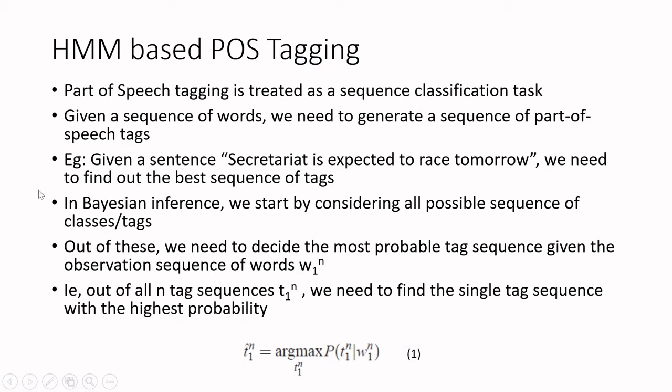Basically, in a Bayesian inference or probability-based technique, we can start by considering all possible sequences of classes or tags. Given a sentence like this, one possibility, which we can think of as a brute force approach, is to list out all possible tags. Say the first word, secretariat.